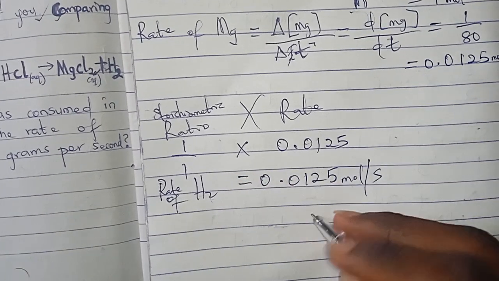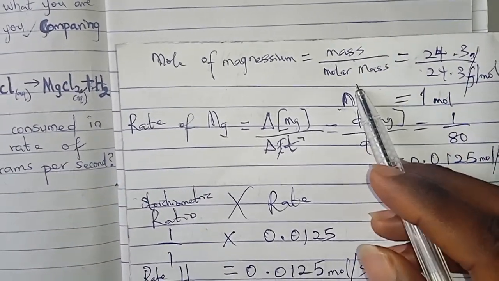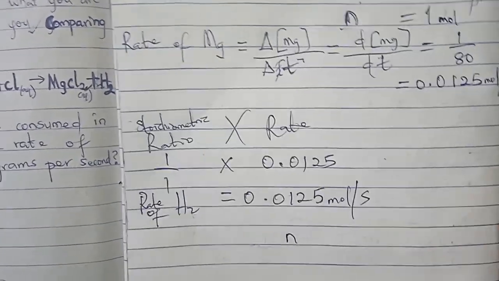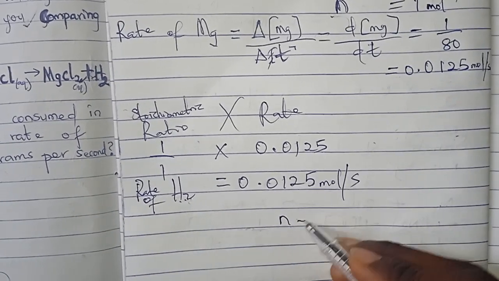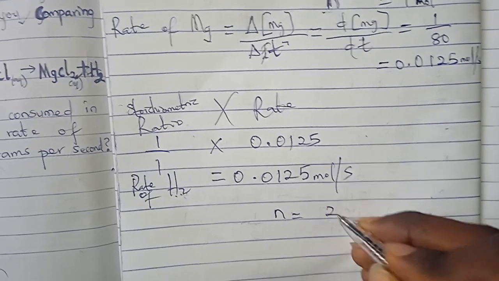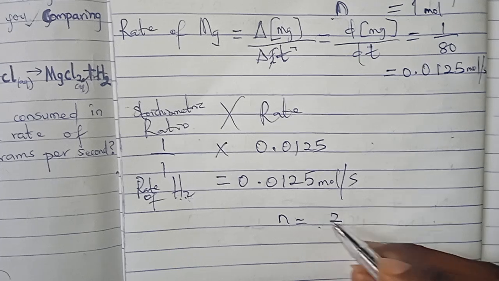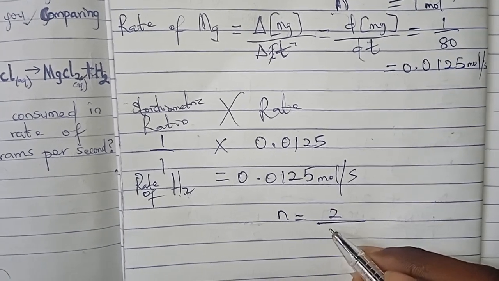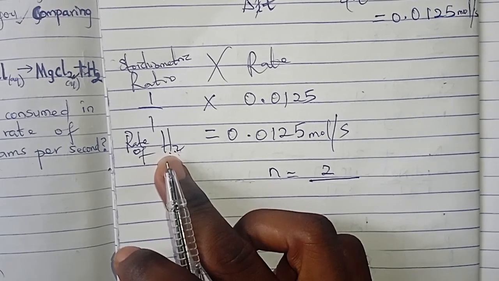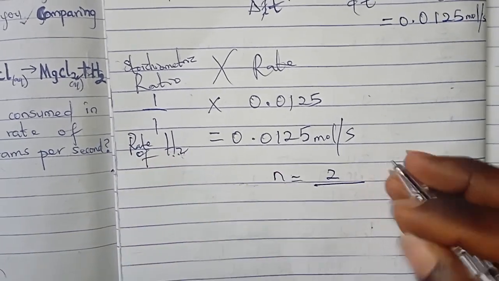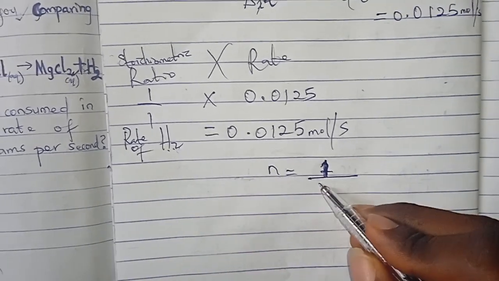So let's take this. We know that mole is equal to mass over molar mass. And the atomic mass of hydrogen is 1, so hydrogen gas is 1 times 2. Then the molar mass is going to be 2.